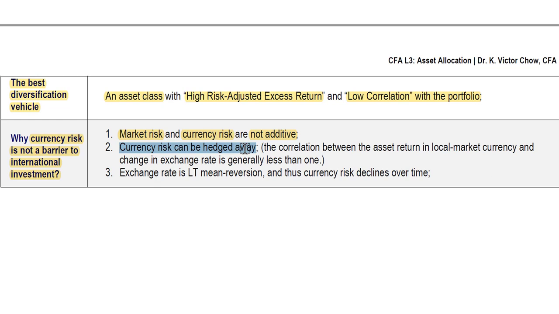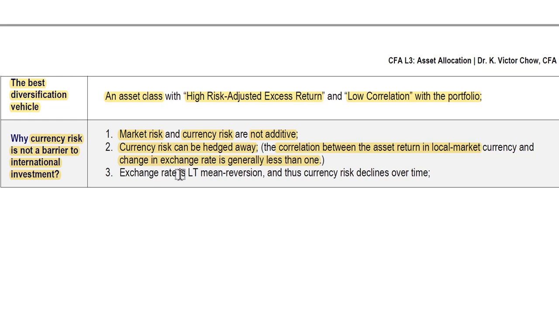The correlation between the asset return in the local market and the change in the exchange rate is very, very low. It's not very high, usually less than 1 and is low. Therefore, you can actually put that one and hedge away.